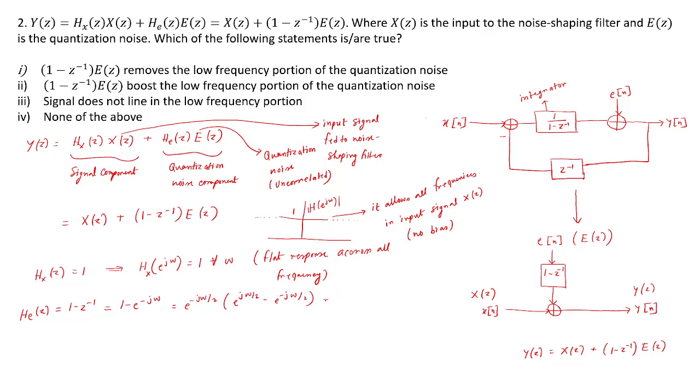Correct? And this part is nothing but 2j sin omega by 2. So you can write it as follows: e to the power minus j omega by 2, times 2j sin omega by 2. So what is the magnitude response of this one?